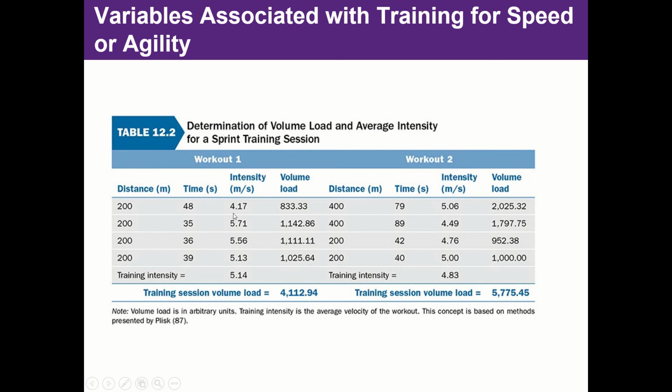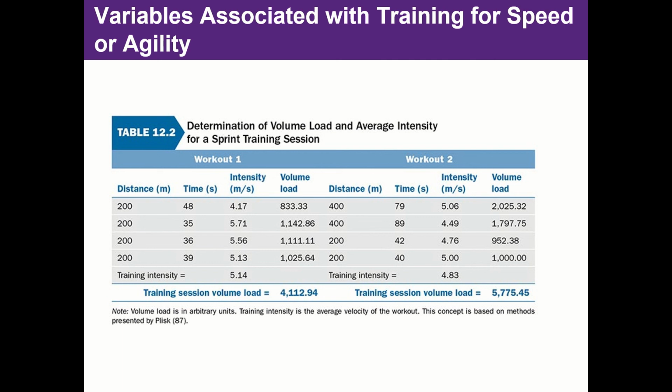If the athlete runs 200 meters in 48 seconds, they covered 4.17 meters per second. To calculate the volume load, all we do is multiply their meters per second speed times the distance, and that gives us, I got 8.34, but they list 8.33.